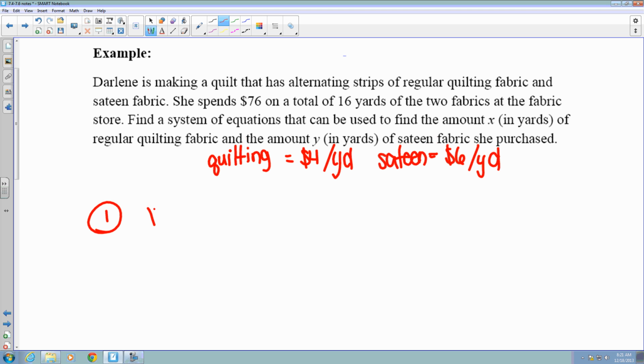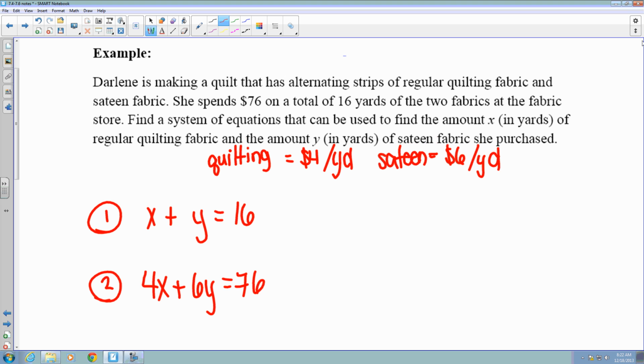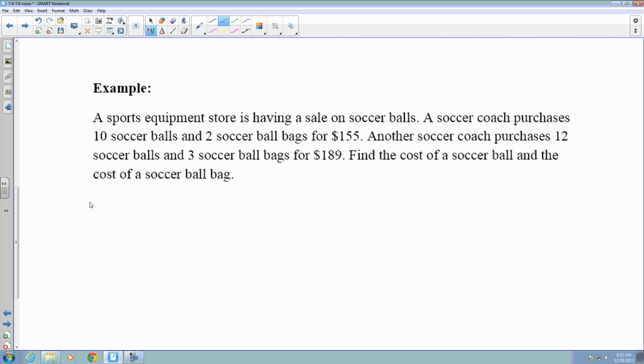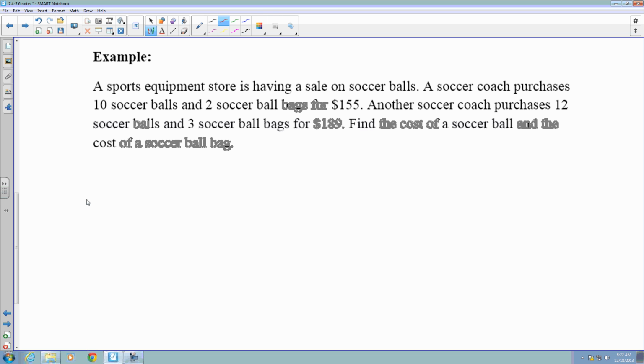So we don't know how many regular, we don't know how many sateen, but we know that there's 16 total. And our other one is going to be the cost. So 4x plus 6y equals 76 for our other equation. That's all we had to do, is set them up.